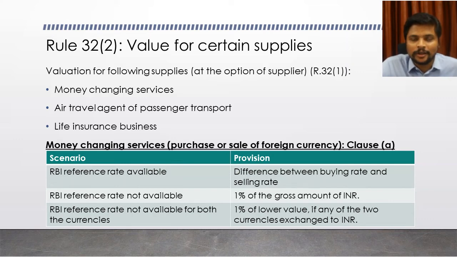You have to take the lower of these two amounts and calculate 1% on that in INR terms. So that is the valuation to be done for this type of money changing services.